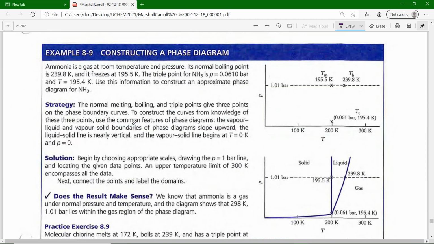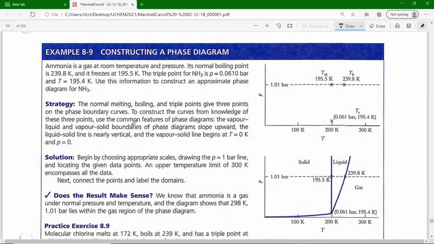Here in example 8.9, you can construct a phase diagram. Ammonia is a gas at room temperature and pressure. Its normal boiling point is 239.8 Kelvin, and it freezes at 195.5. So you can start making marks here, right?